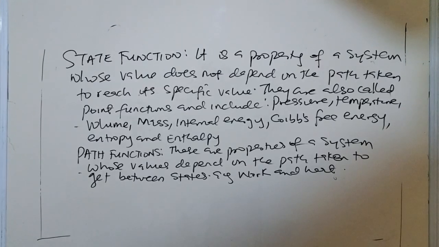So as I said, the properties of a system can be divided into two functions or variables: the state function and the path function. A state function is a property of a system whose value does not depend on the path taken to reach its specific value.